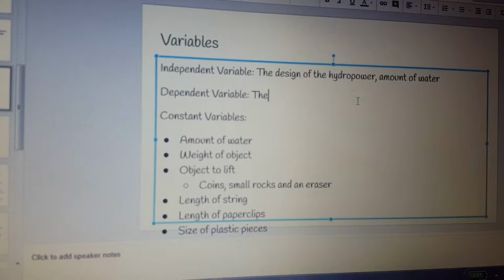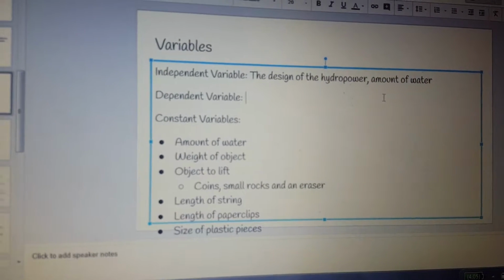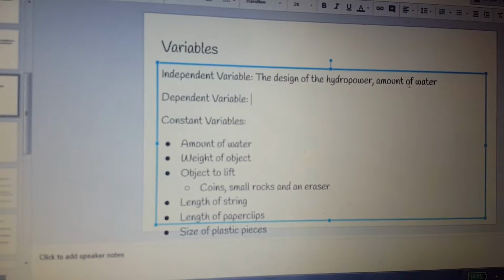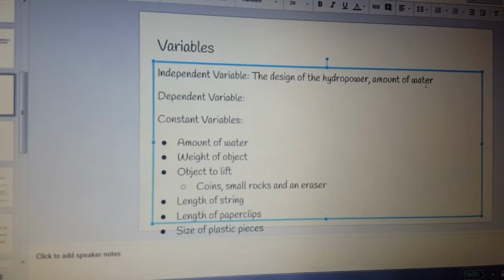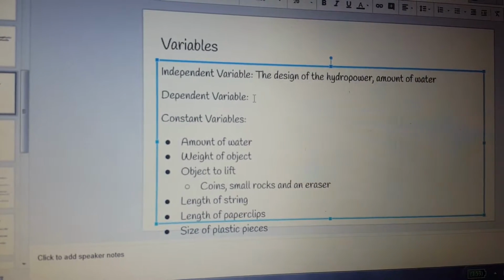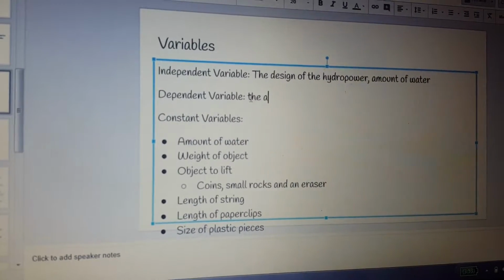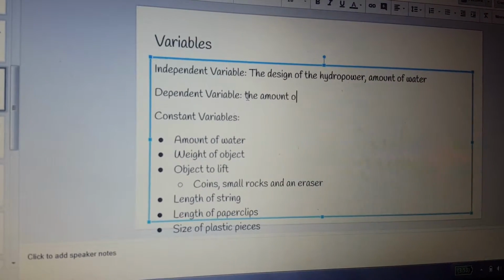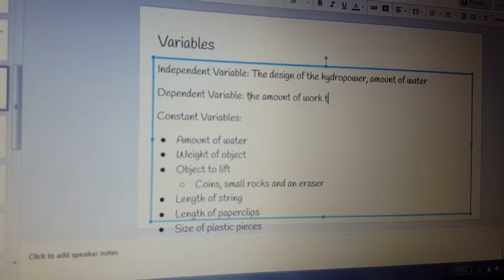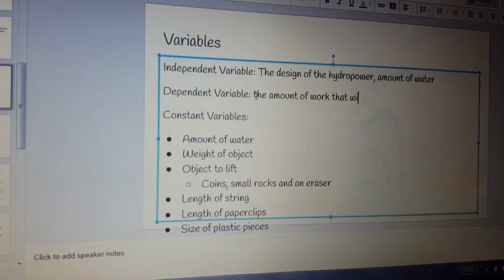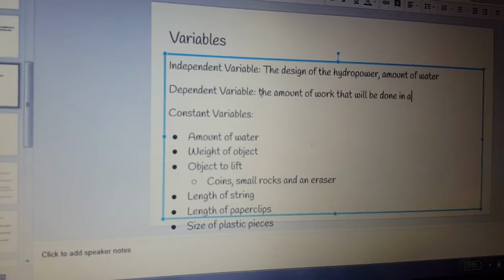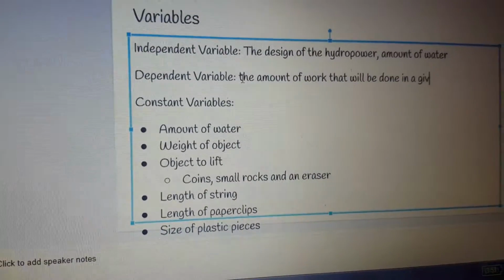And what the dependent variable is, when you change the amount of water in, if you take some away or add some amount of water into your hydropower design, what that affects is the amount of, or quantity of, or amount of work that will be done, in a given what?